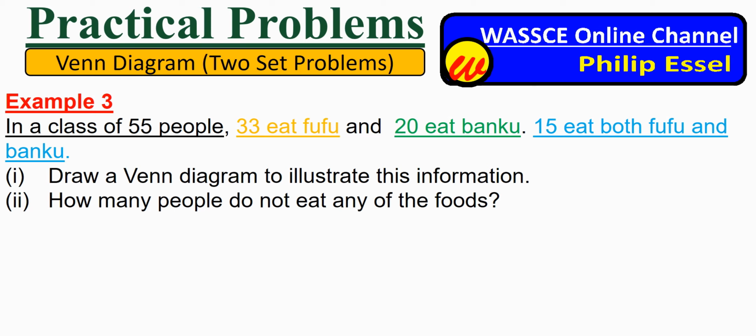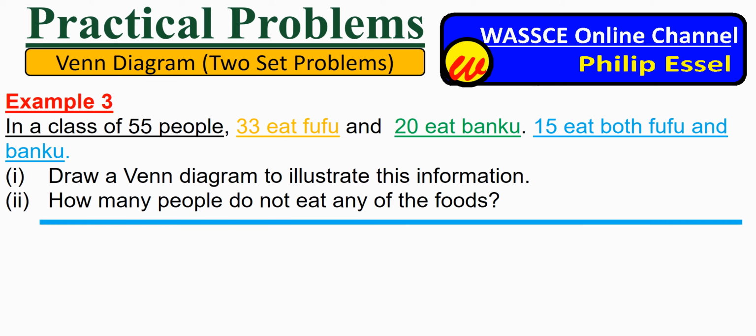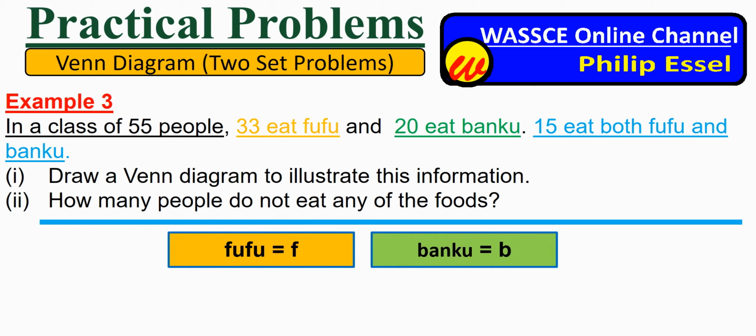So as usual, let's put the most important information from the question down. First, in this question, we are told that there are people in the class who eat banku and there are those in the class who eat fufu. So what we're going to do is this: we'll represent fufu by the small letter F and we'll represent banku by the small letter B. Again, in this class, we are told that the total number of people is 55.